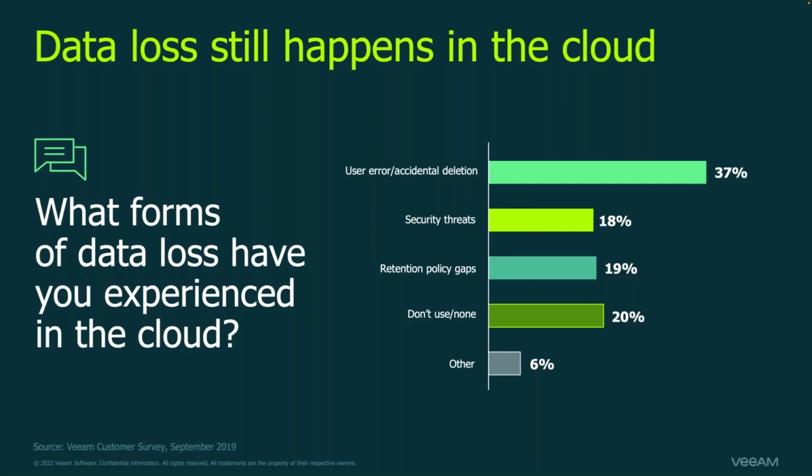If you look at the chart on the right side, one of the highest data loss scenarios is user error or accidental deletion, which definitely happens on a daily basis. Of course, the other threat is security, especially in recent times with cybersecurity and ransomware attacks getting up in the chart.